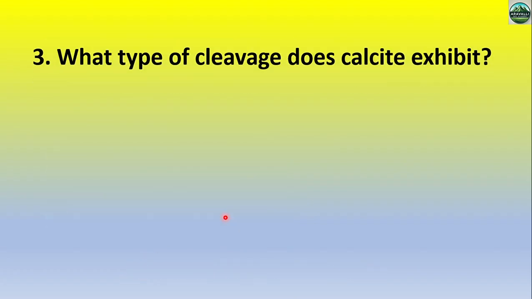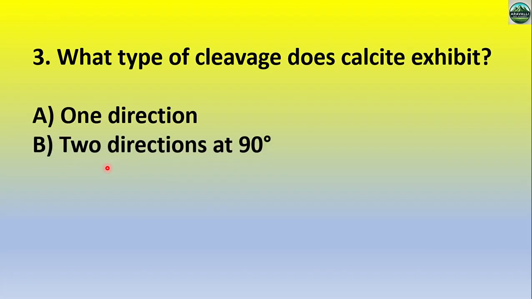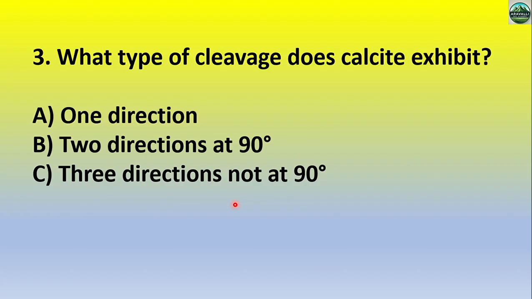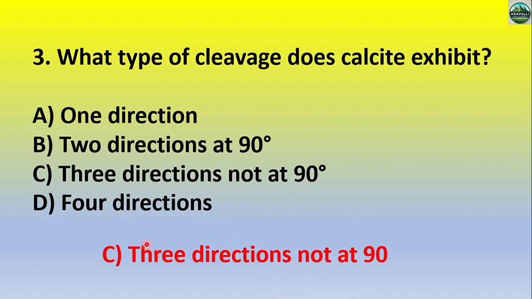Next question, what type of cleavage does calcite exhibit? First, one direction, second, two directions at 90 degrees, third, three directions not at 90 degrees, fourth, four directions. So we know that the right answer for the cleavage of calcite is three directions but not at 90 degrees, or we can say rhombohedral cleavage.